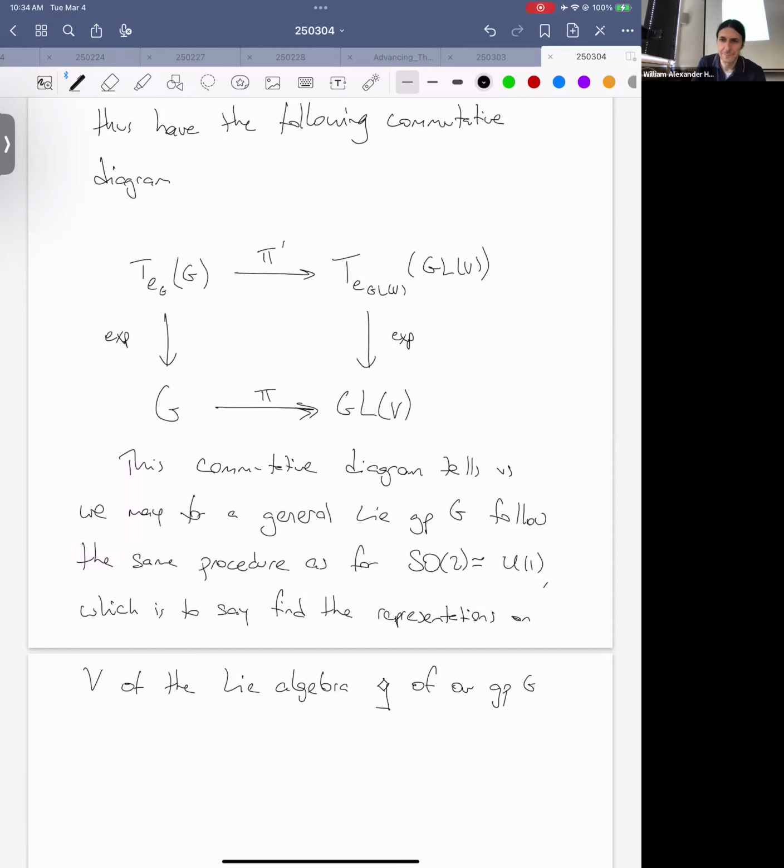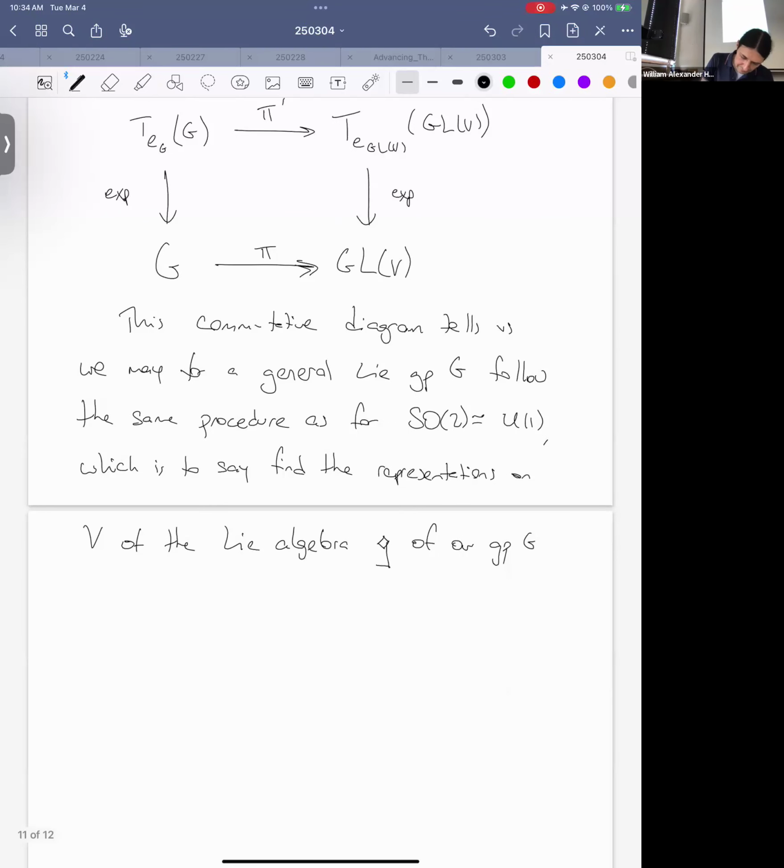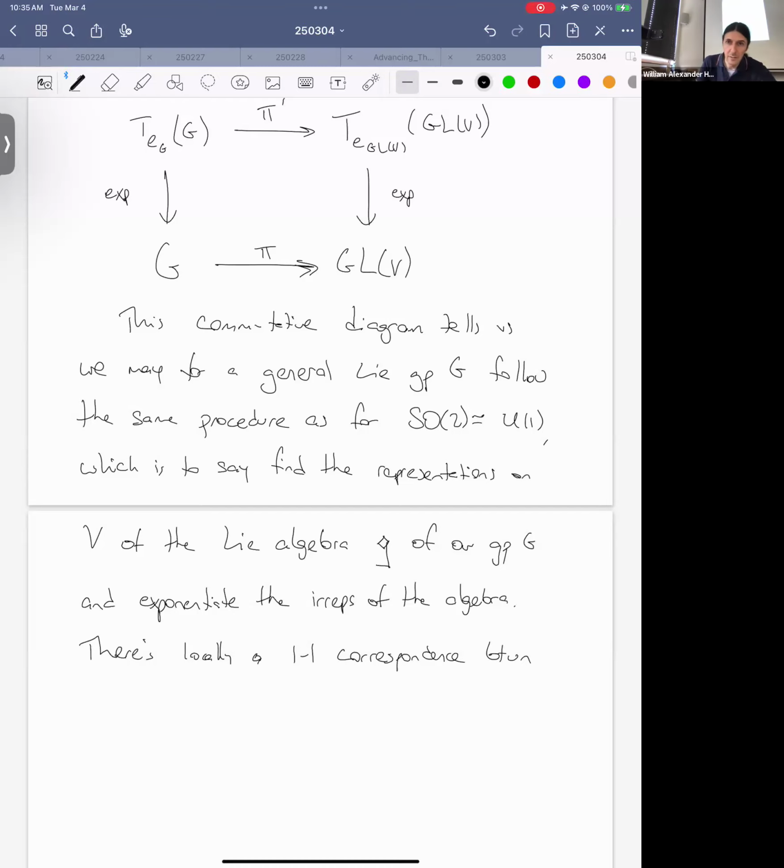This is fairly standard practice. And exponentiate the irreps of the algebra. And there's locally a one-to-one correspondence between the identity elements of G and GL(V) and their tangent spaces.